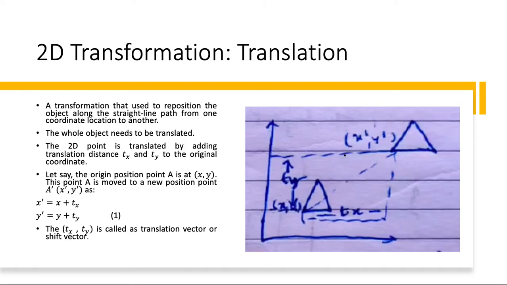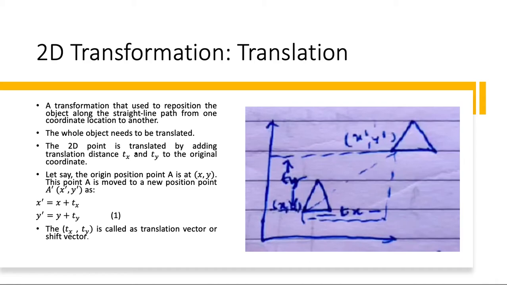Alright, so if you look into this example here, the left bottom triangle is our original position. When we do the translation, all points in the triangle need to be translated into our new position.